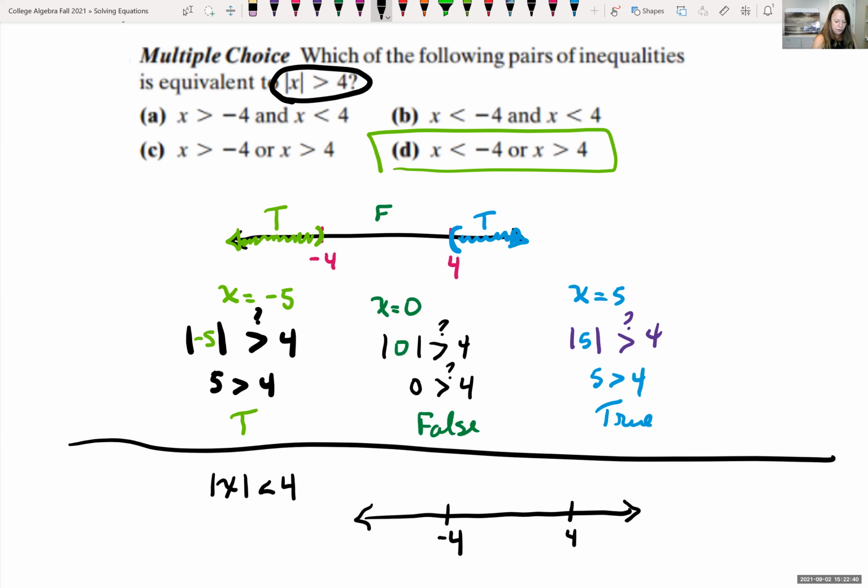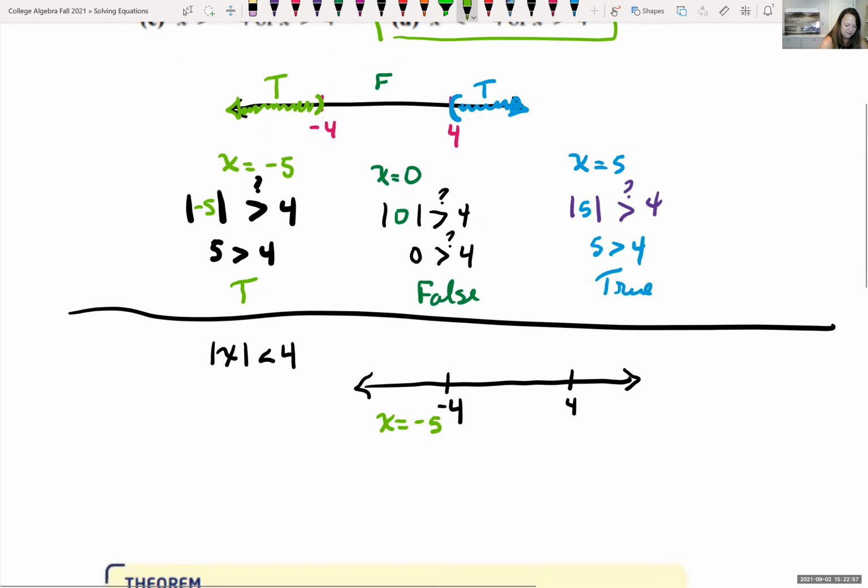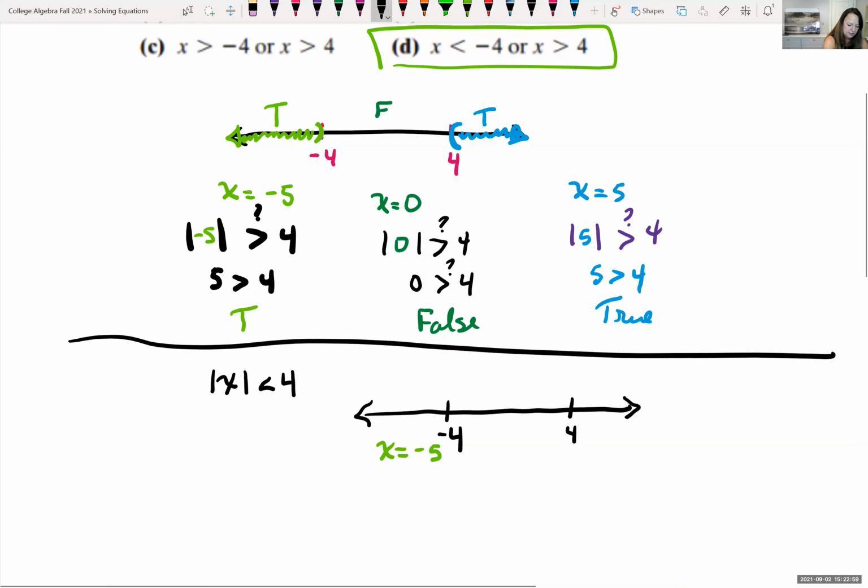And if we went through this and checked a number in the interval to the left of -4, if we chose -5 and plugged it in to see if it was true or false: is the absolute value of -5 less than 4?